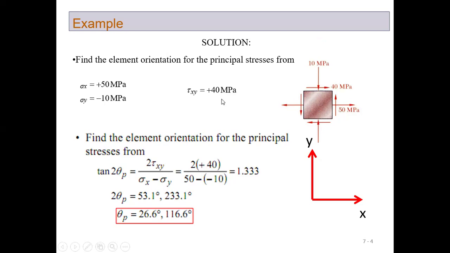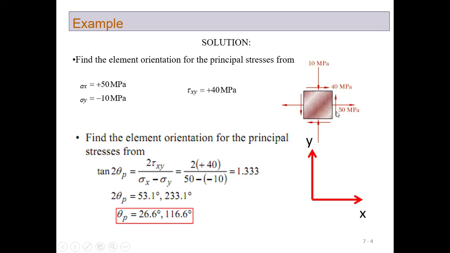Second reason: when we did the derivation, when we devised the analytical models, we took the counterclockwise shear stress as positive. So remember that when you are doing these problems analytically, you have to take counterclockwise shear as positive, whereas clockwise shear stress is negative.